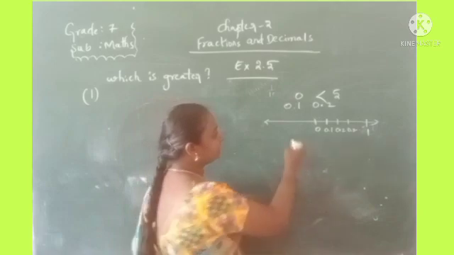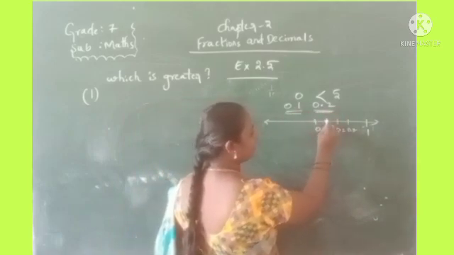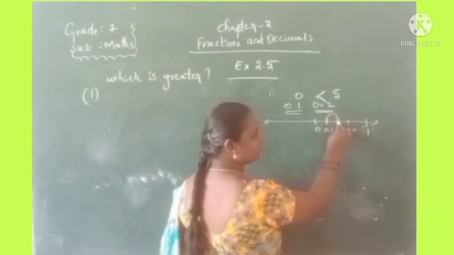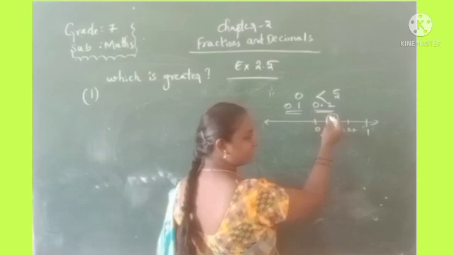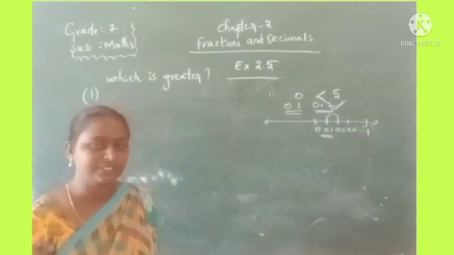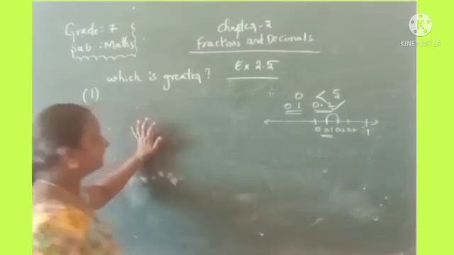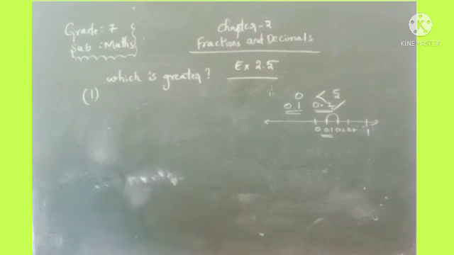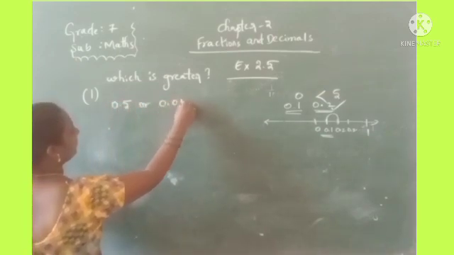Here see 0.1 and 0.2. Which one is greater? After 0.1, 0.2 is coming. That means comparing 0.1 to 0.2, 0.2 is greater. So like that, here given the first one, see 0.5 or 0.05.